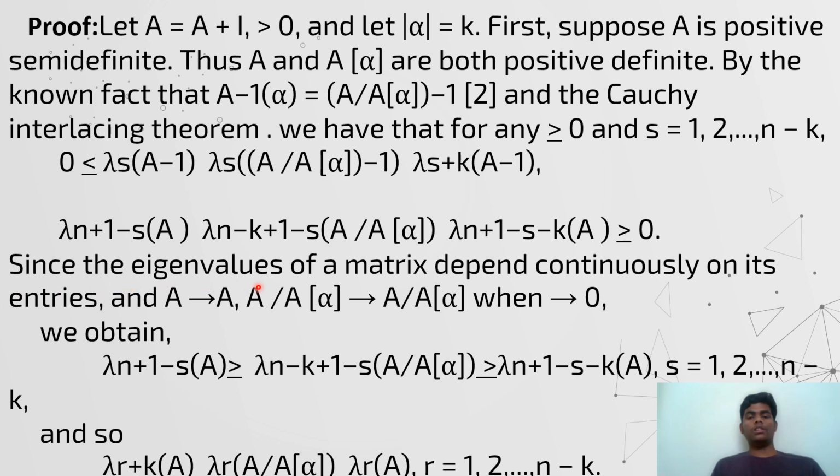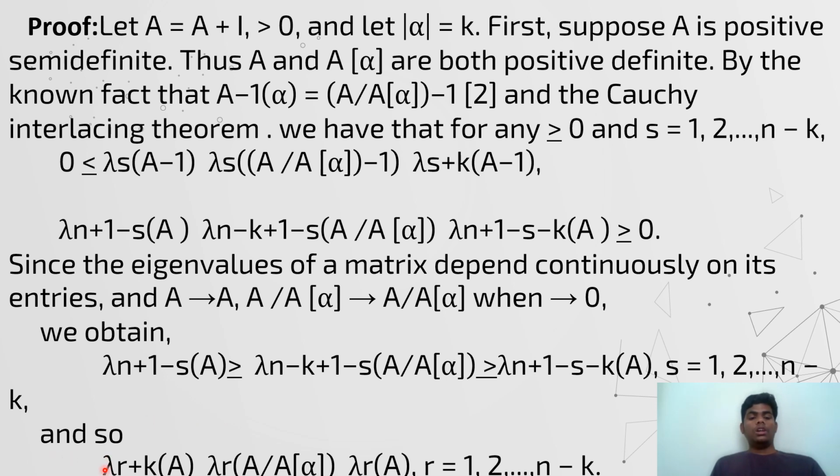Since the eigenvalues of a matrix depend continuously on its entries, and A epsilon converges to A, where the Schur complement of A epsilon converges to that of A when epsilon goes to 0, we obtain lambda_{n plus 1 minus s}(A) greater than or equal to lambda_{n minus k plus 1 minus s} of A/A[alpha], greater than or equal to lambda_{n plus 1 minus s minus k}(A), where s equals 1, 2, 3, up to n minus k.